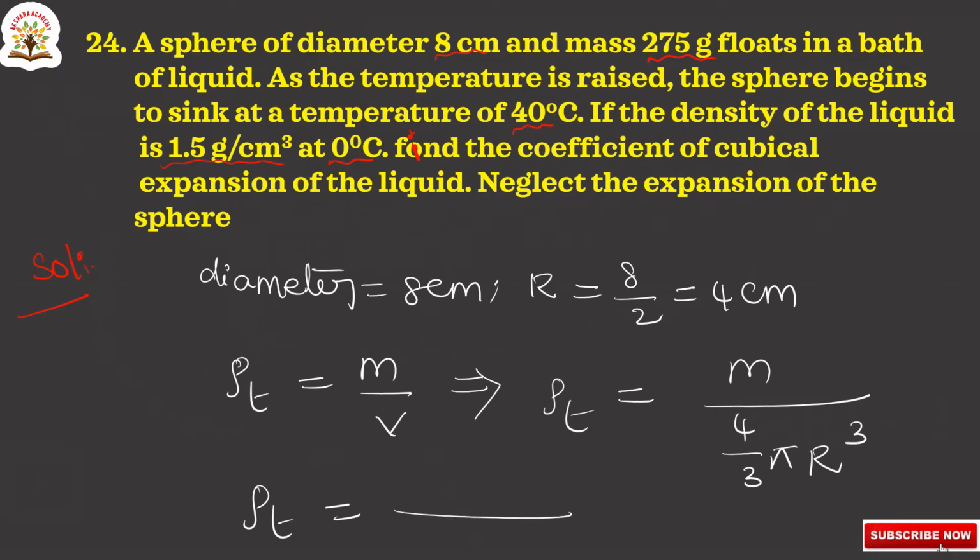m, they given as 275. 4 by 3 reciprocal, here we are getting 3 into m, 3 into 275 by 4 into pi, nothing but 22 by 7, r value 4, here we converted diameter into radius, 8 by 2 is 4, so substituting in the place of r, 4 cube.